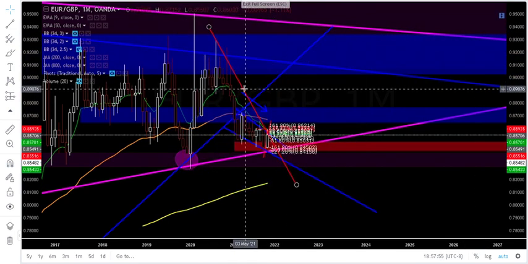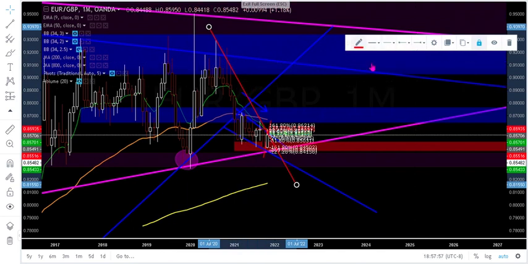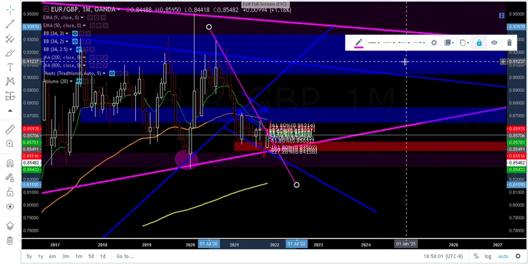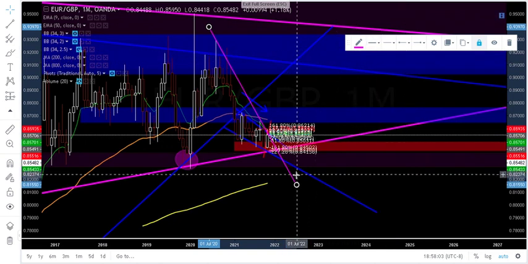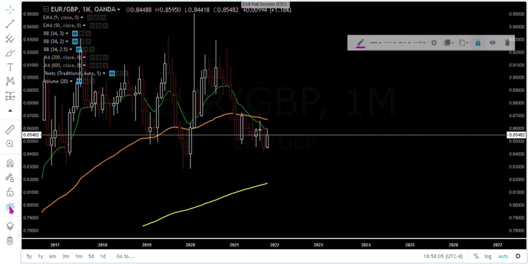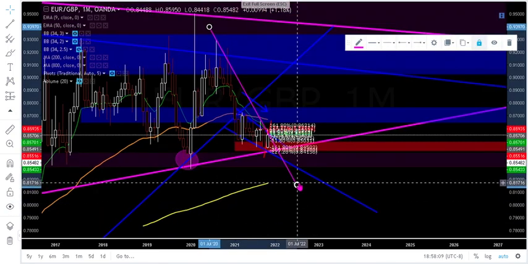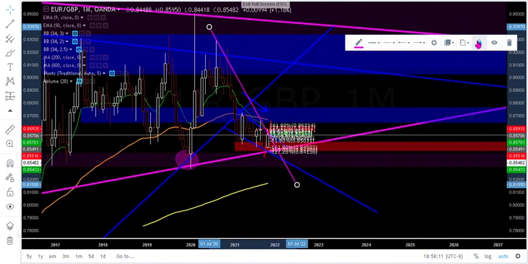This is pink, or purple, which is my monthly line. Let me make sure it's lining up. Probably need to pull it up slightly. So I'm going to make it skinny so I can see better, and then I'll bold it later on.